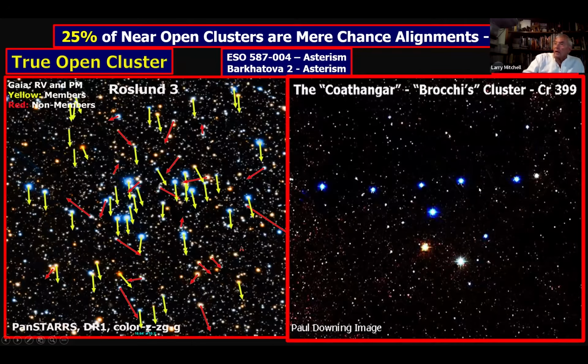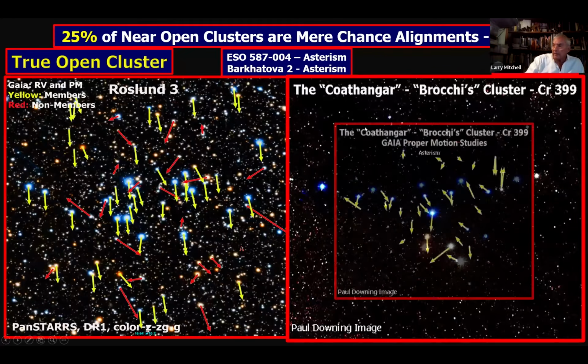Historically, people have talked about the Coathanger, Brocchi's Cluster. The general idea is that it's an asterism, a group of stars that are gravitationally unrelated. They appear to be together, but they're at different distances, and they're not moving through space together. But is it really an asterism, or is it really an open cluster? Well, Gaia answered that.